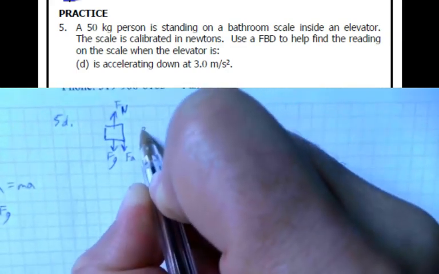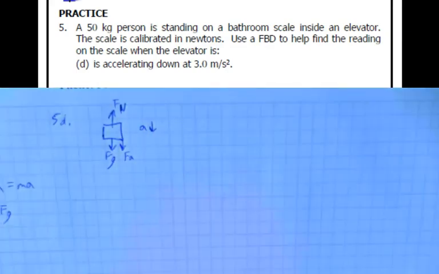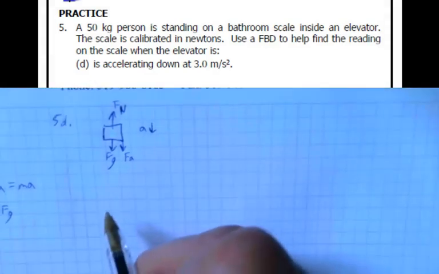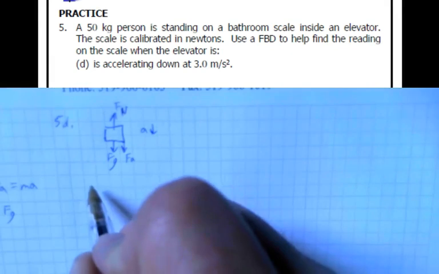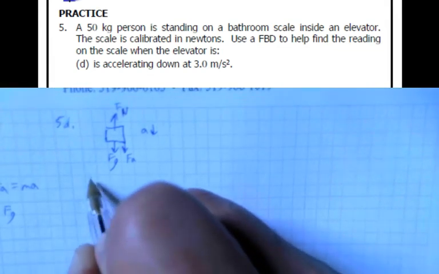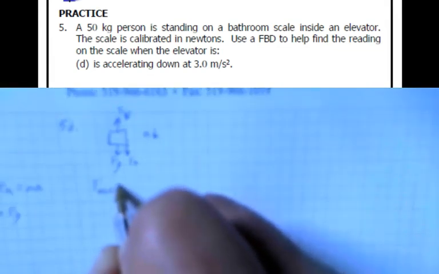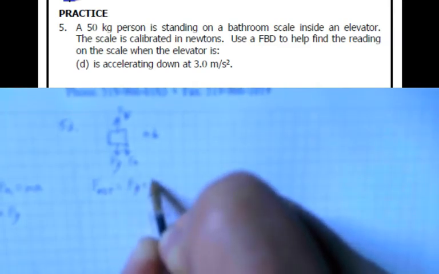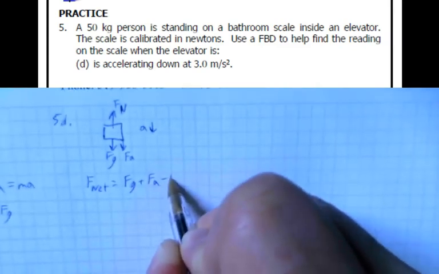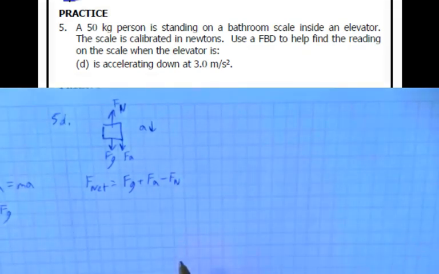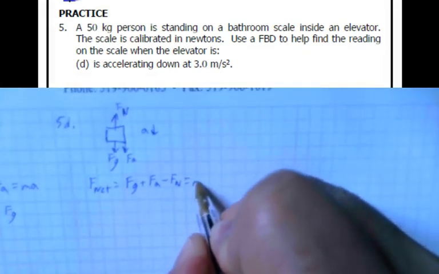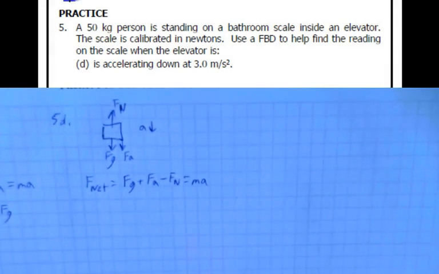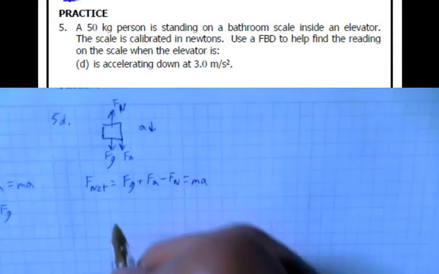Because the acceleration is going down, that means we have an unbalanced F net that would be pointed down. So let's write down what our F net is, and because we're going down, we'll consider down as positive this time. Fg plus Fa minus Fn is our F net. That's equal to our ma, and our a would be positive in that case because it's going down.